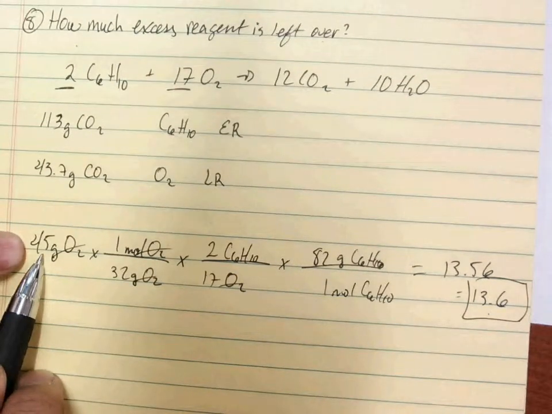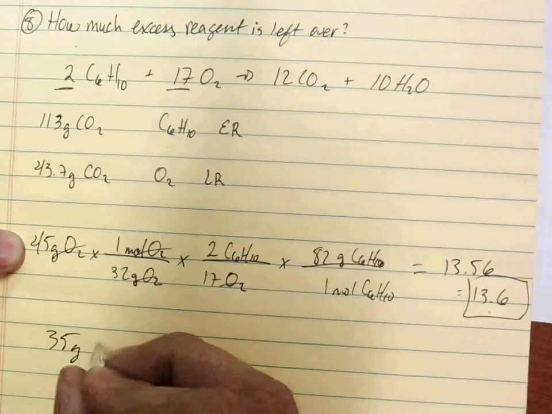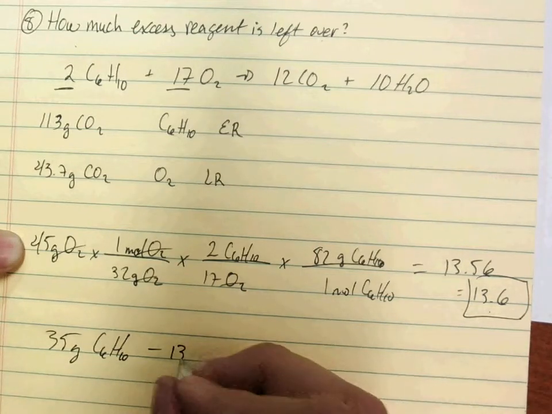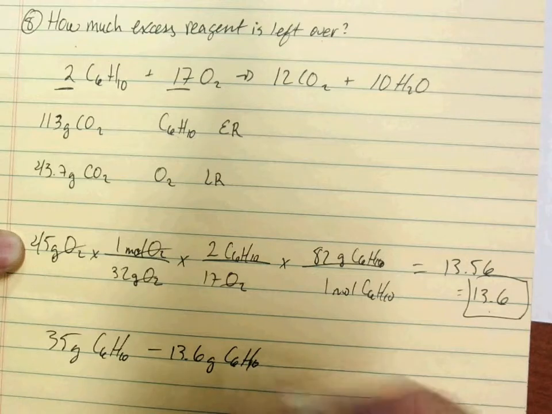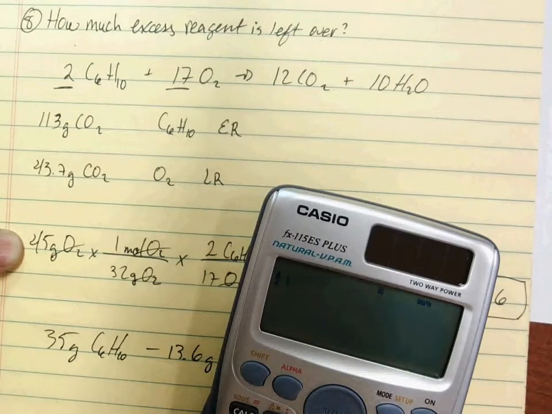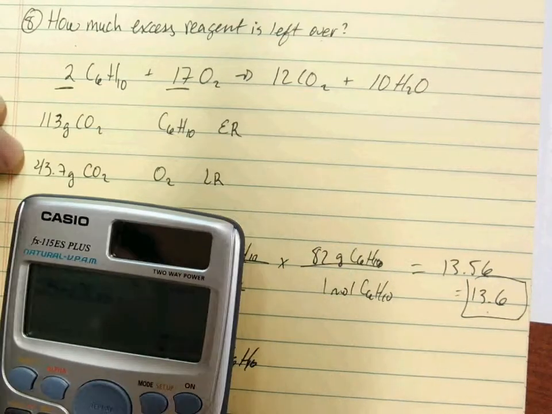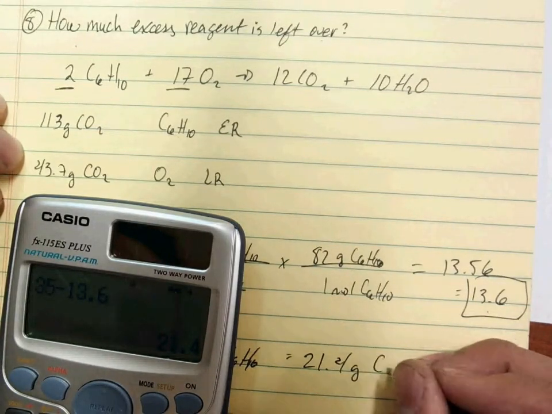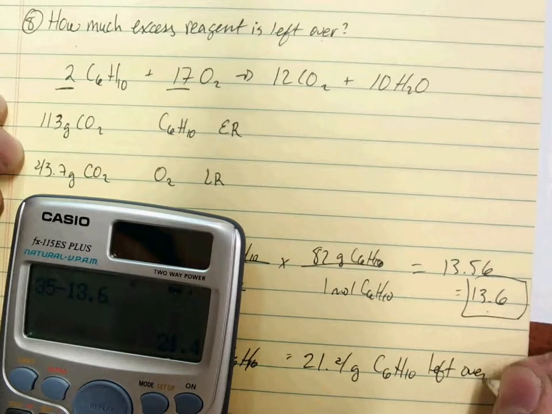So I actually was given 35 grams of C6H10, but I only used 13.6 grams of C6H10. So 35 minus 13.6 gives me about 21.4 grams of C6H10 left over.